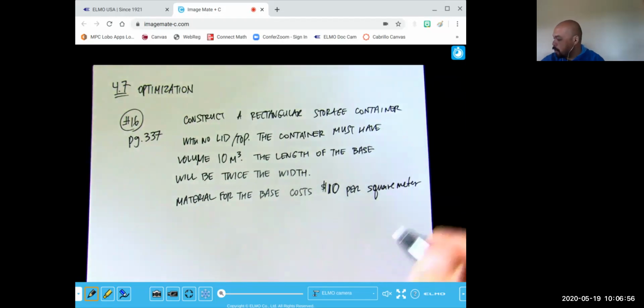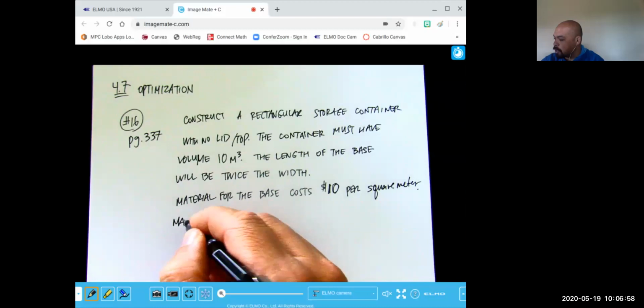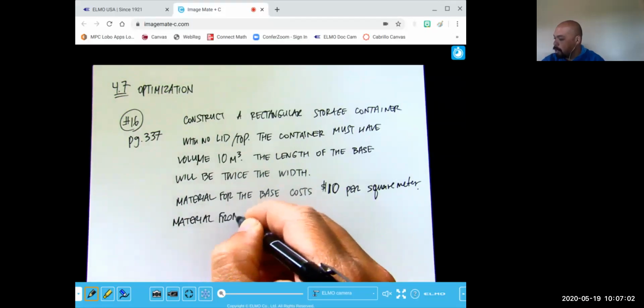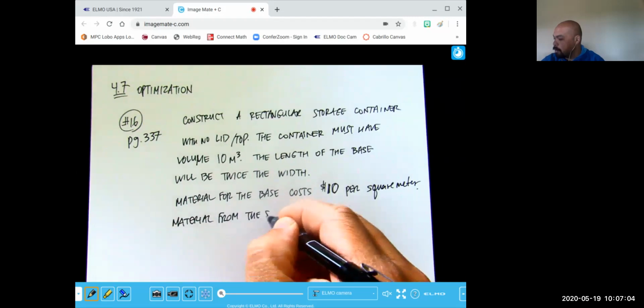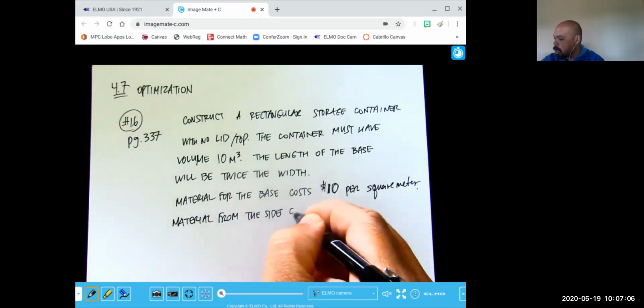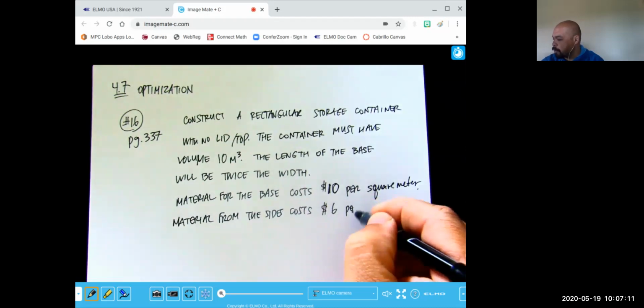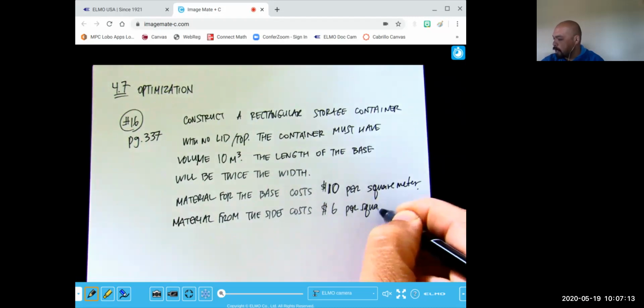Okay. And then, I know always with these problems, a lot of language, a lot of writing as we open it up. Material for the sides costs $6 per square meter. All right, so the sides don't have to be as thick.